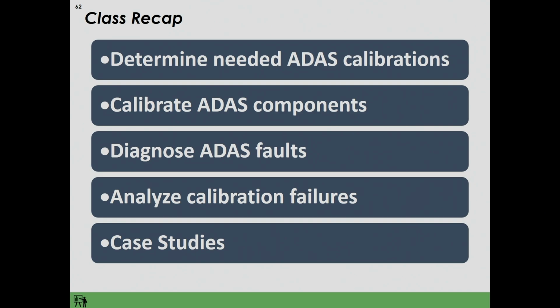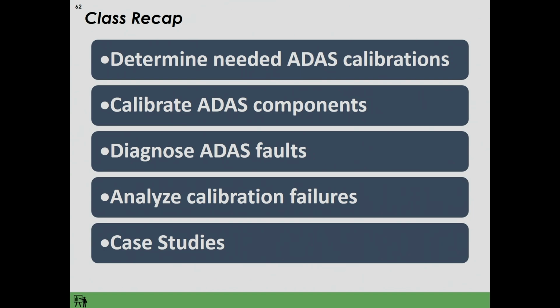But throughout this class today, I hope that we learned a little bit about determining when we need to do an ADAS calibration, what it takes at times to calibrate these different components, and how to diagnose ADAS faults. So let's say we have a calibration fault or a system fault prior to any calibrating. Well, what was the cause of that? What do we have to do to remedy that? And what tooling is required?